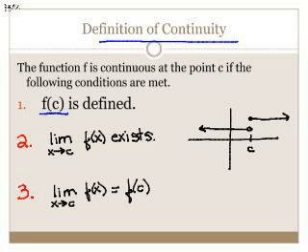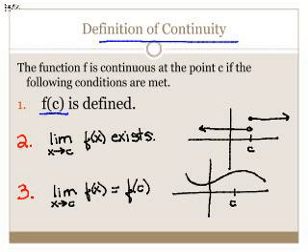An example of where that would not occur is maybe we have a curve going along here, this will be c, but at c there's an open circle.